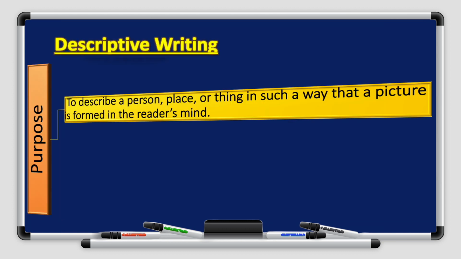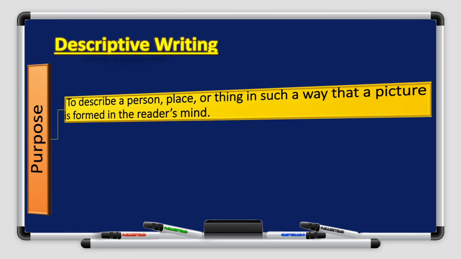Now, what is descriptive writing? Let's understand and take a general idea. Descriptive writing is basically a type of writing that gives a clear and concise description of everything. It can be a place, an object, a person, an event. And while describing, you're trying to form a picture in your reader's mind.